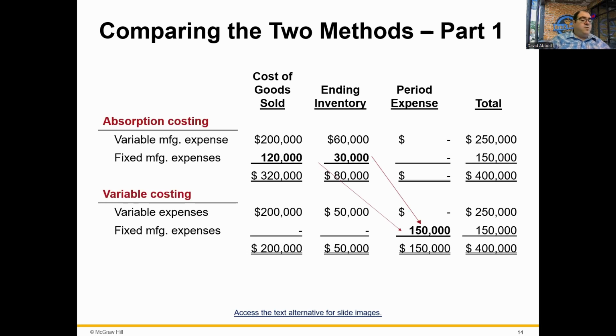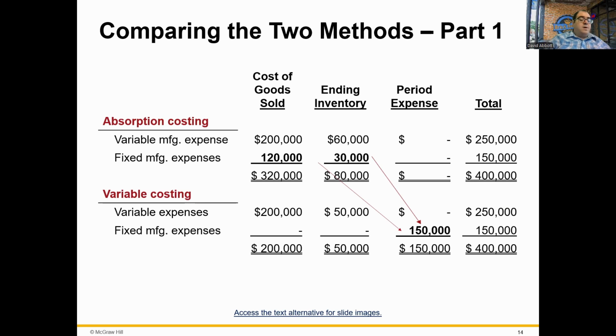So now comparing the two methods. Under absorption costing, 120,000 of fixed manufacturing overhead is included in cost of goods sold, and 30,000 is deferred in ending inventory as an asset on the balance sheet. Under variable costing, the entire 150,000 of fixed manufacturing overhead is treated as a period expense.